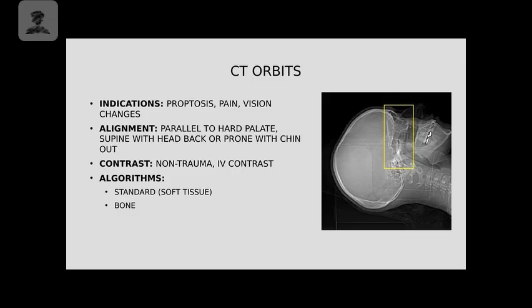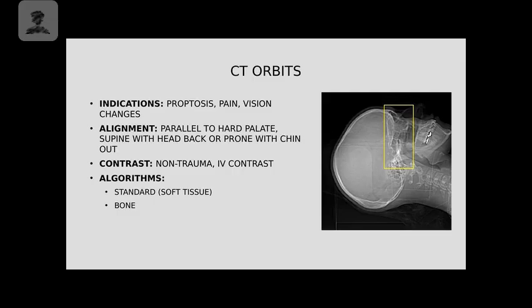A lot of times we'll get metal workers that have little slivers of metal or debris of other sorts in their eye. And also if they have any kind of vision changes that seem consistent, things continuing to happen and they're not sure why. Sometimes that can be brain related, all the way in the occipital lobe of your brain, or it can be dealt with in the orbits themselves.